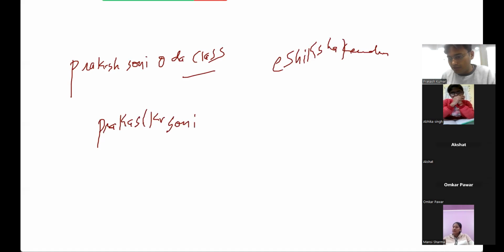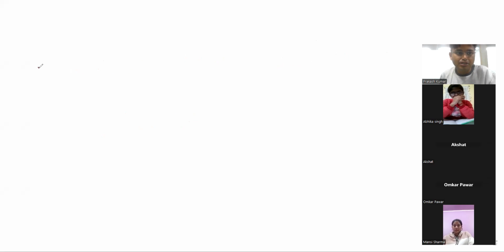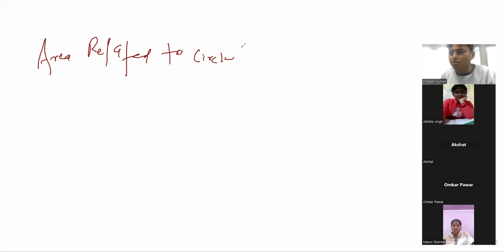Currently, this is the second class. Yesterday was the first class of this chapter, area related to circles. All of you know the area of a circle is pi r square. The perimeter, that is the length of the boundary, is 2 pi r. Yesterday we added two things.